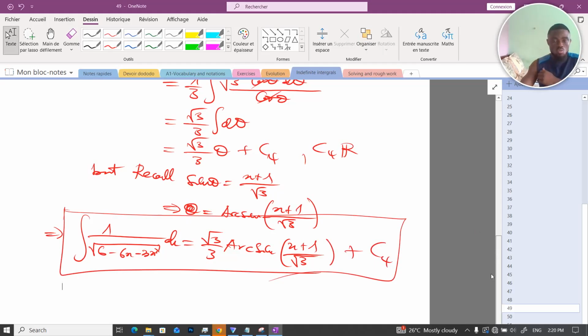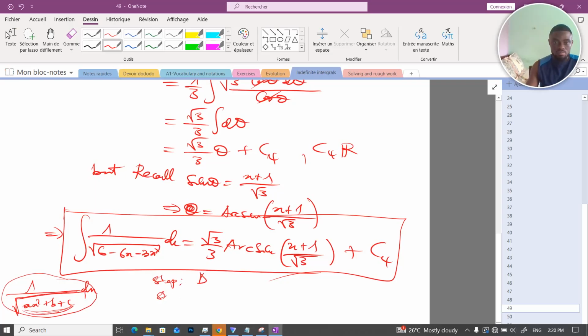So what I want you to remember on this last exercise we did is that whenever you are asked to integrate the square root of ax squared plus bx plus c, where what is inside the square root is a complete quadratic, the first step is to calculate delta.